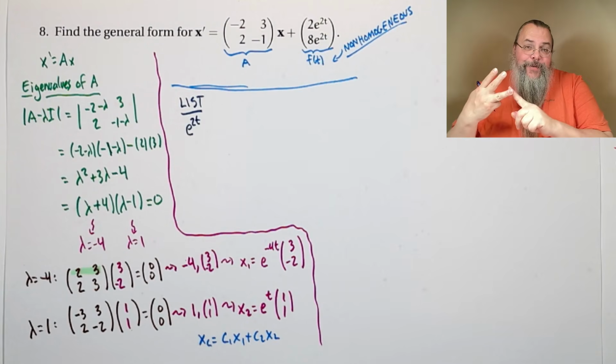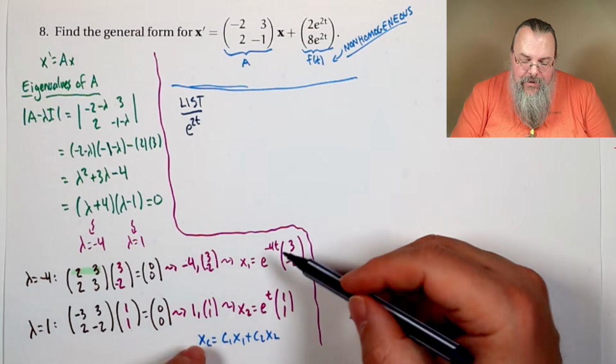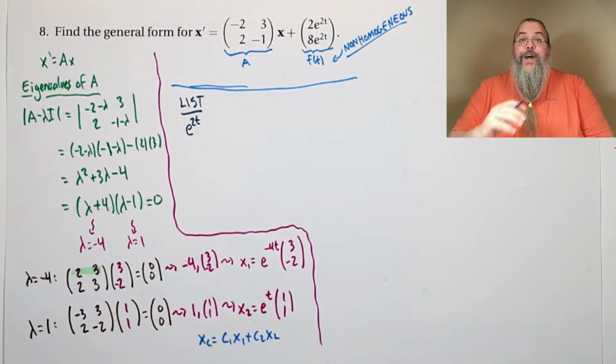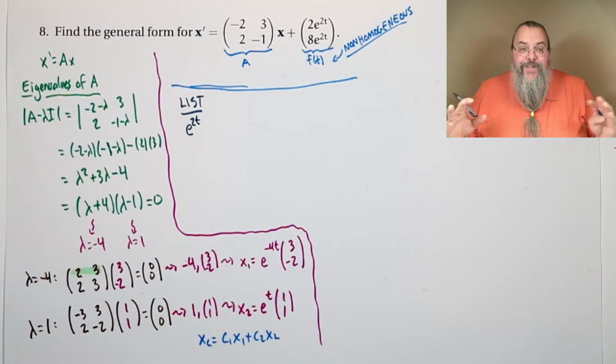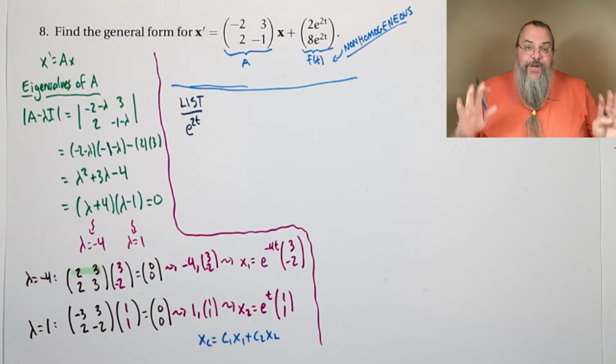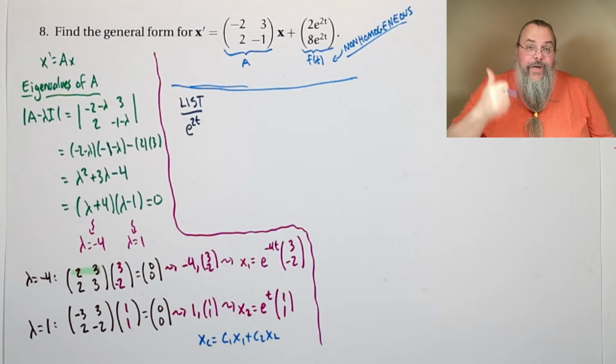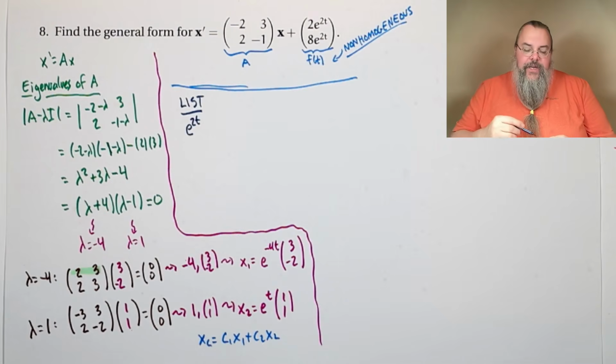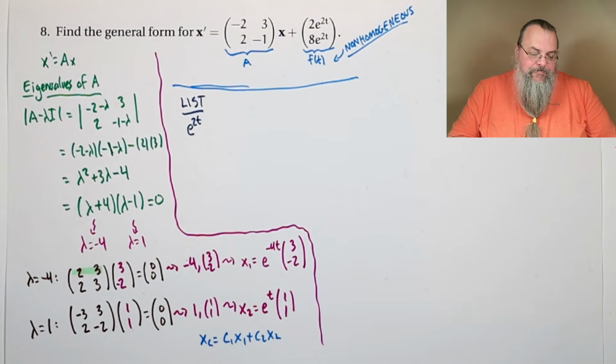Do I have overlap? Well, e to the 2t versus e to the -4t, e to the t, no. So that makes the list really easy to work with. We like this list. This is a good list. So we say, okay, keep with that list.